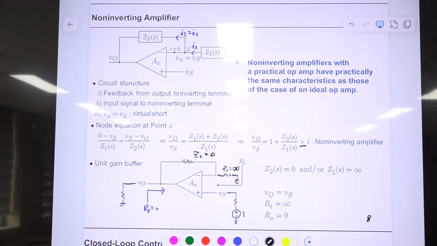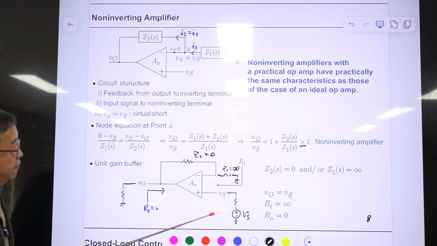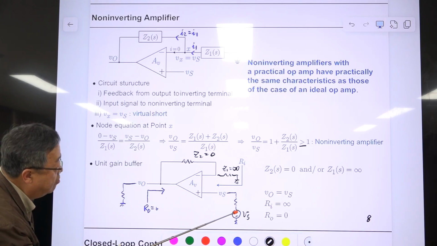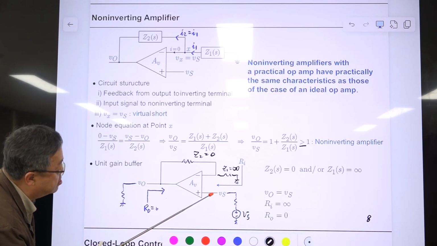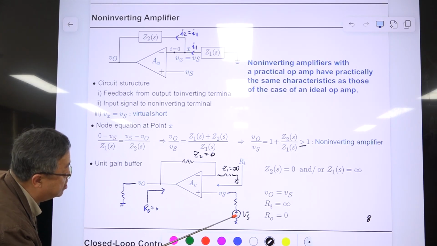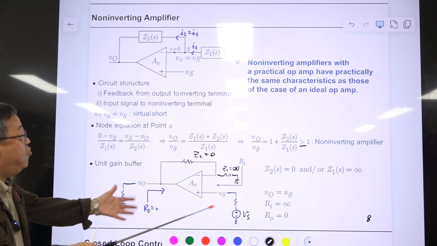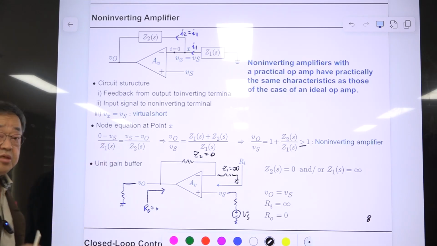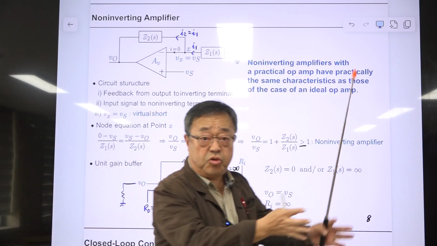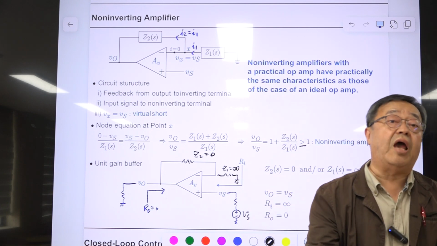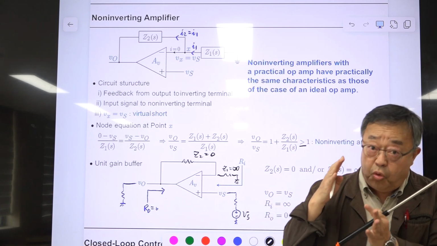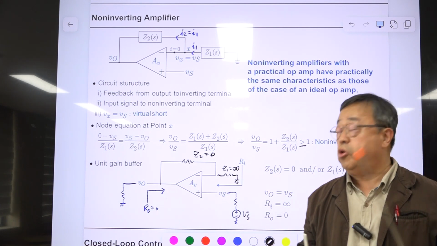Okay, we are assuming a non-ideal input and non-ideal load. Then if Vs is here, the input impedance is infinity. This voltage is directly reflected here. So with this, the voltage gain is unity, but there is no loading at the output voltage, and there is no loading in the input voltage either.